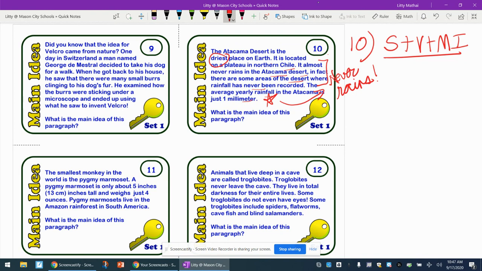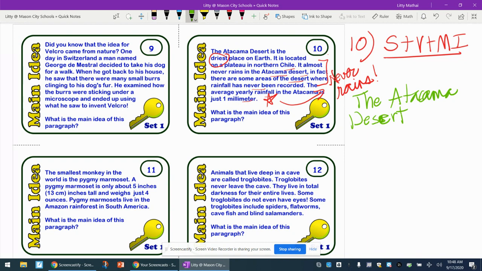Okay, so let's start our main idea sentence. The subject. I'm going to write this in green. The subject is obviously the Atacama Desert. Not dessert, guys. Remember, dessert has two S's because you always want more dessert.